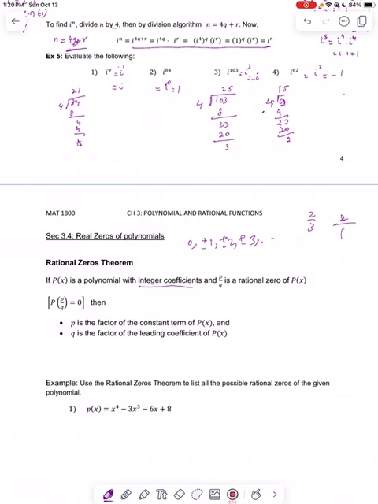So if we have this polynomial with integer coefficients, and p over q is a rational zero of the polynomial, then p is a factor of the constant term of the polynomial, and q is a factor of the leading coefficient of the polynomial.